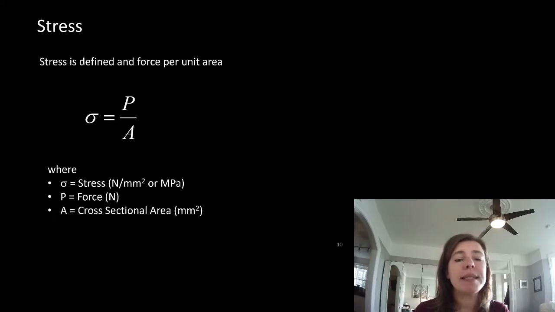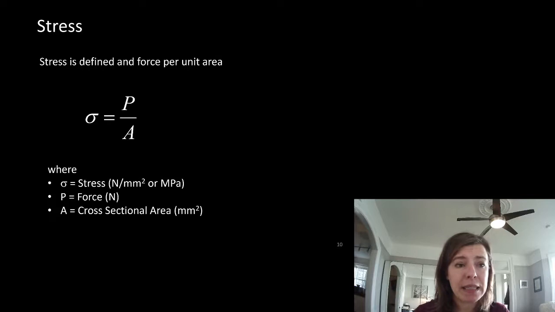So stress is measured in newtons per millimeter squared, or MPa. So not kPa, like we were talking about our applied loads last term, like our live loads tended to be in 1.9 to 4.8 kPa. We're talking about MPa now. So instead of kilonewtons per meter squared, we're talking about newtons per millimeter squared.